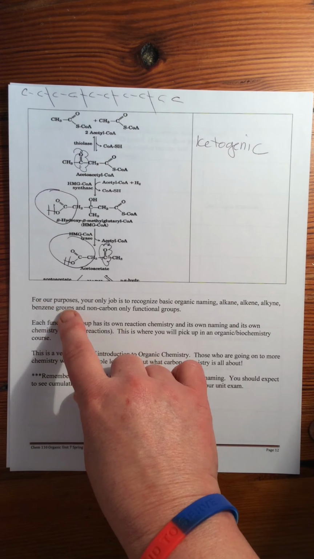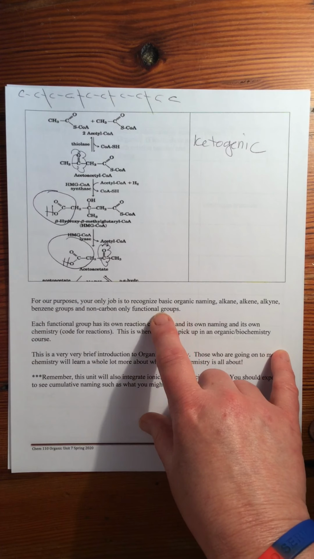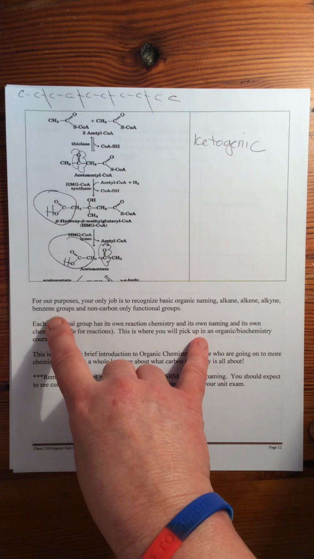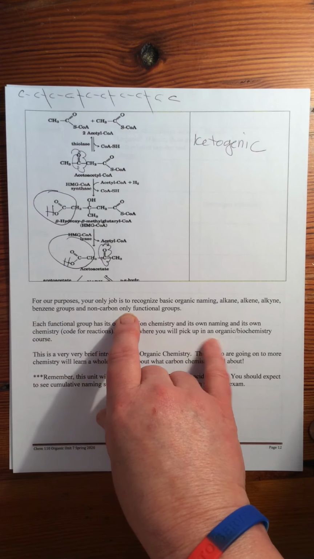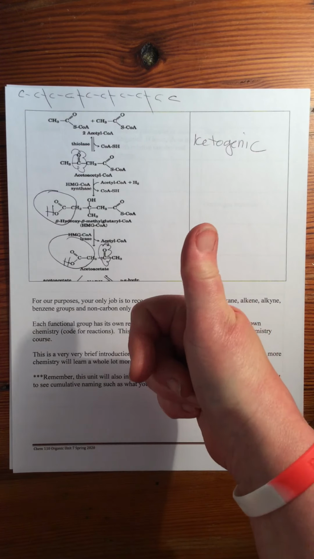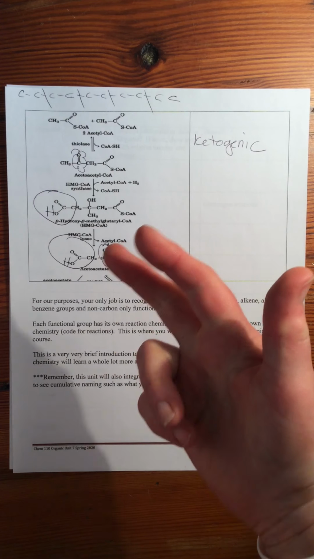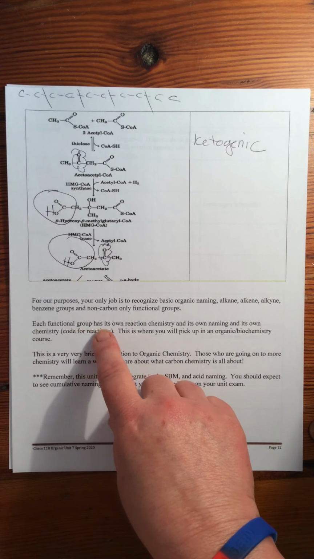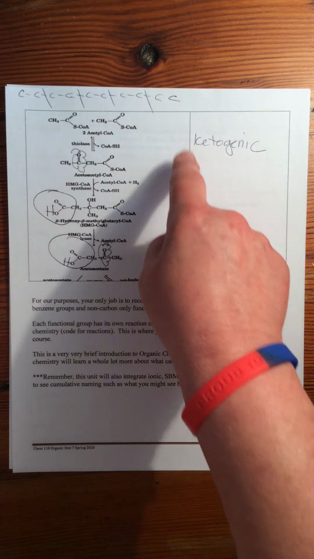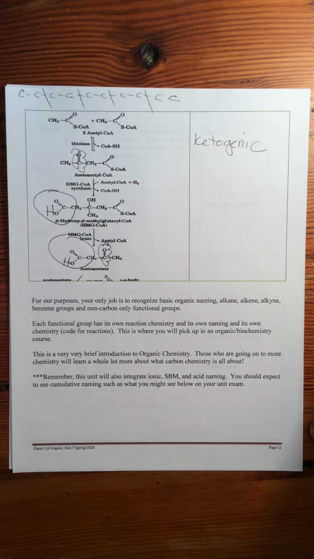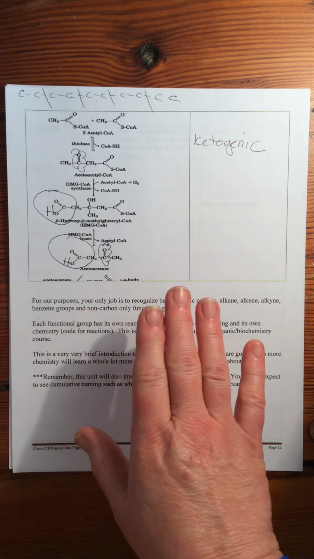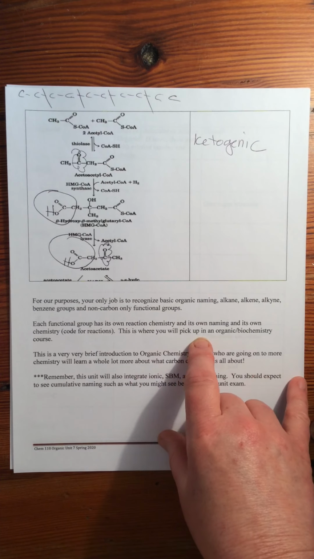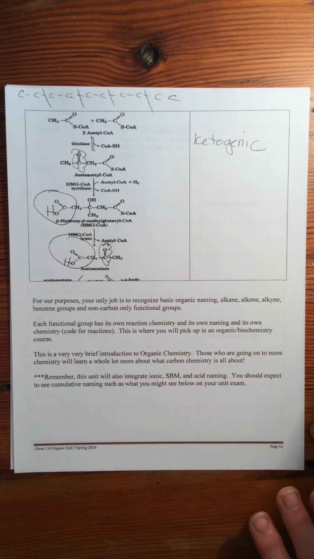Now, for our purposes, your only job is to recognize basic organic naming, what an alkane is, alkene, alkyne, benzene, and non-carbon only functional groups. What is an alcohol? What is an ether? What is an amine? What is an amide? Etc. Each functional group has its own chemistry, its own naming, its own chemistry. That's code for reactions. So that's where you would pick up with an organic or biochemistry course.